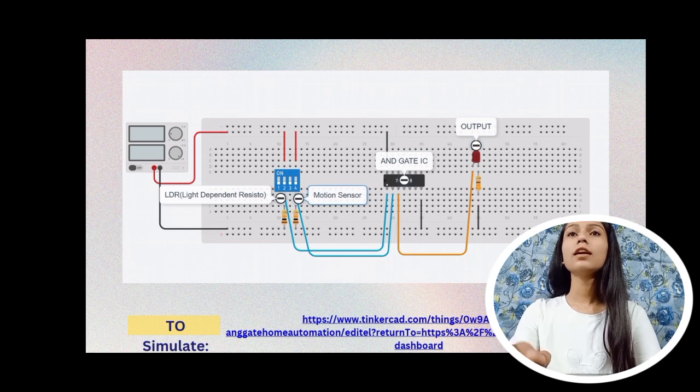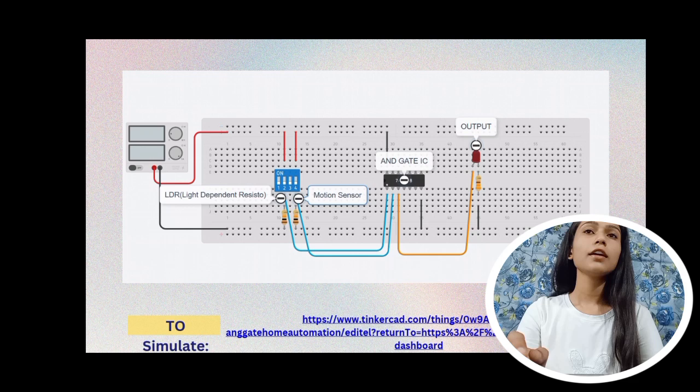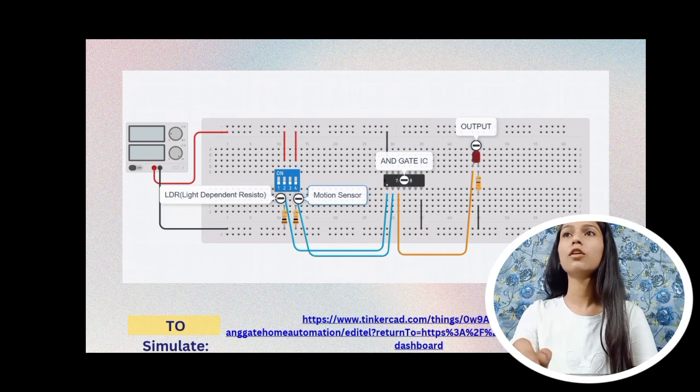When we turn on only one of the inputs, like the LDR, nothing happens. When we turn on the motion sensor to output 1, then also nothing happens. But when we turn on both, then the output is high and we can see the LED is turned on.